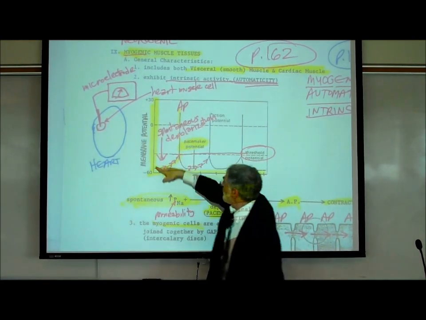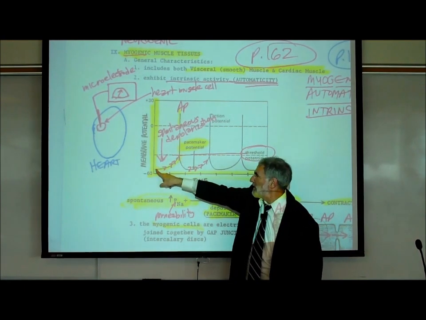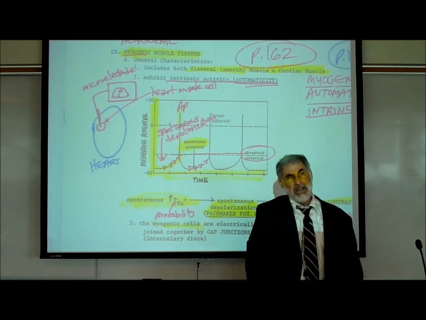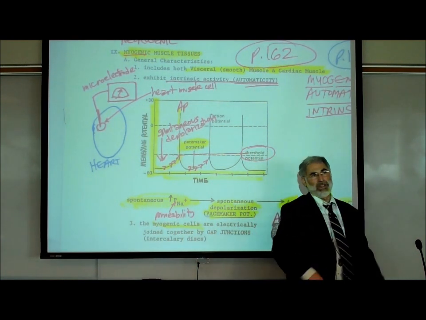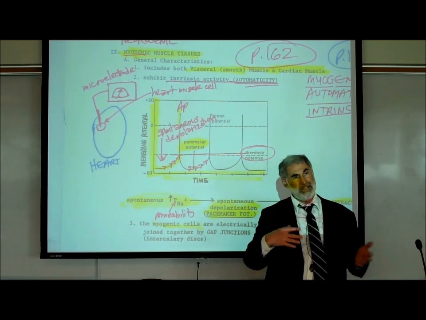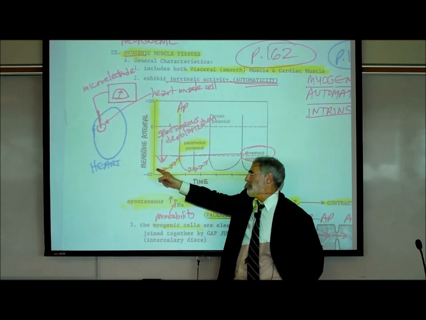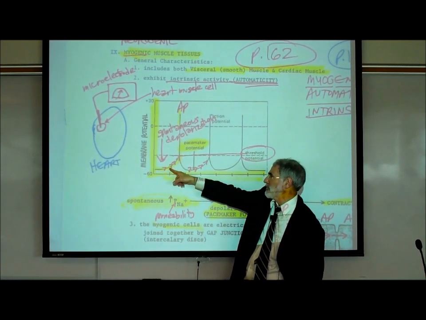So you'll notice that it shows that this heart cell starts out with a membrane potential or voltage of about minus 60 millivolts. Now cells vary in their resting cell membrane potential. We've learned that it could be minus 90, minus 80, minus 70, minus 60, it varies. So here it shows a heart muscle cell with a minus 60 resting membrane potential.